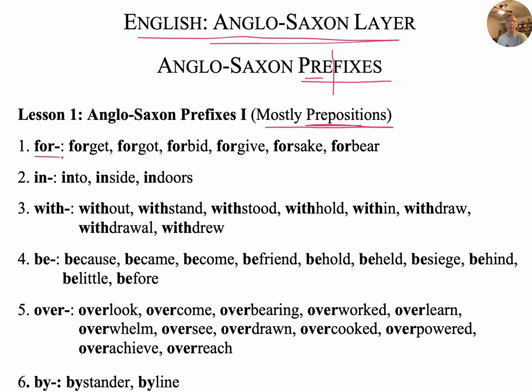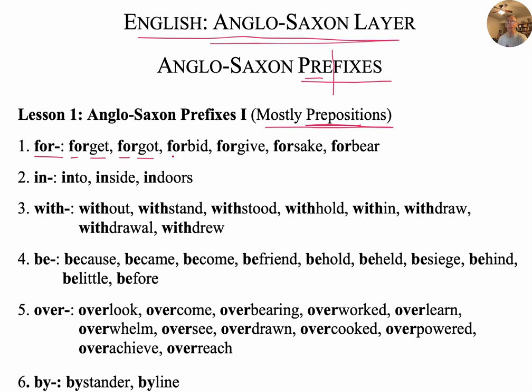So number one, read these with me. We have for. So our first word is for, and the word get. So we have forget, like when you can't remember something. And then the past tense of that is forgot, like I forgot my Anglo-Saxon prefix.